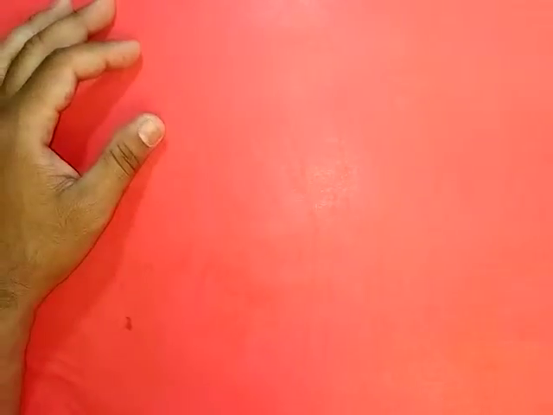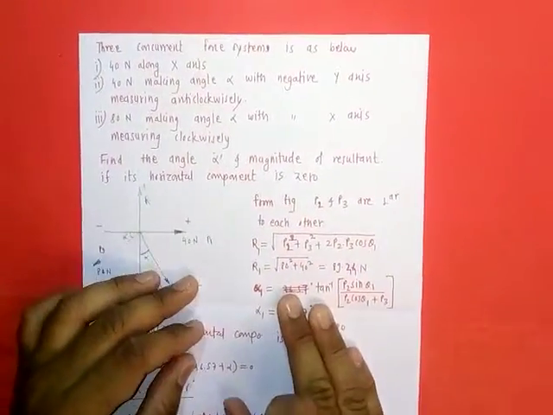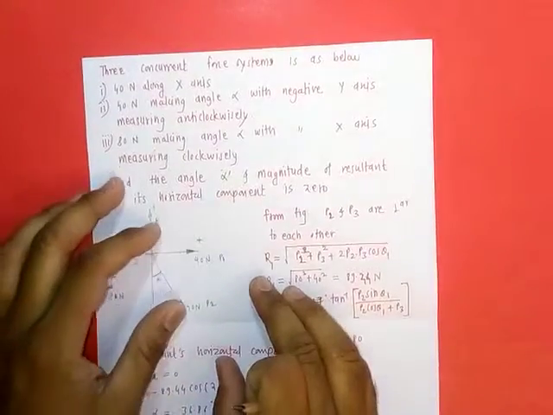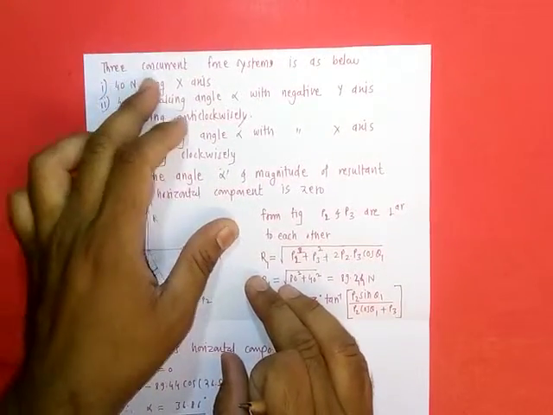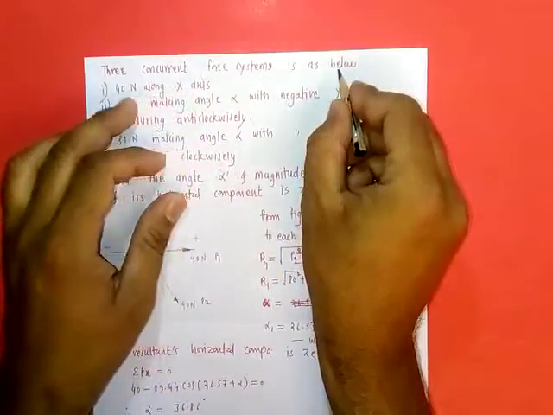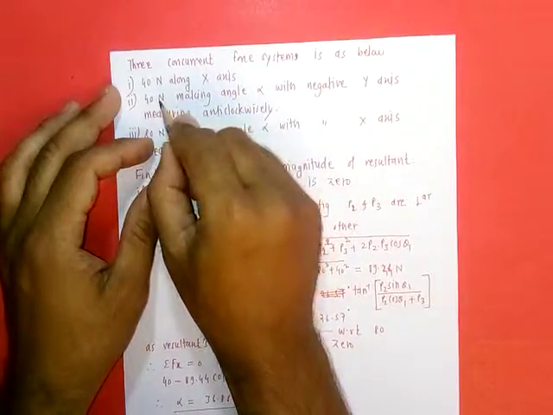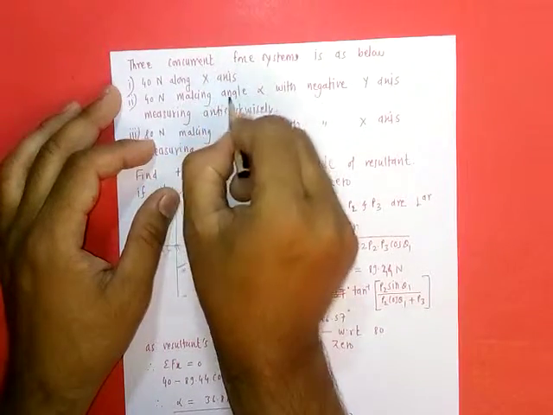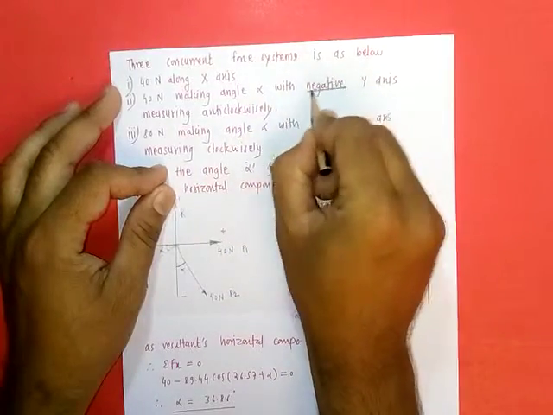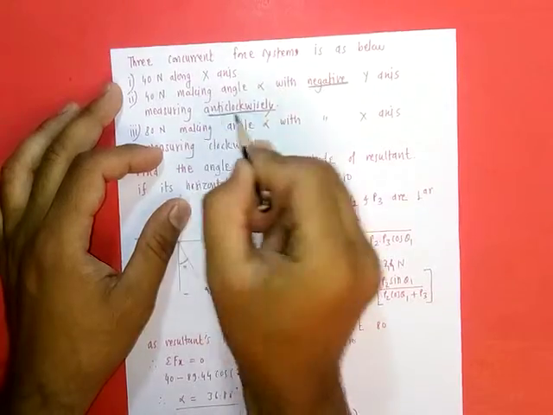Then next problem. So this is again important problem. Statement is 3 concurrent force systems as below. 40 kN force is along x-axis, 40 Newton force making angle alpha with negative y-axis, and it is measuring anti-clockwise.